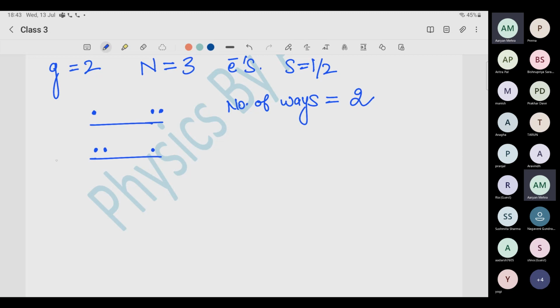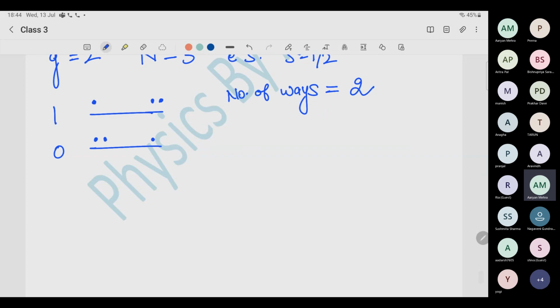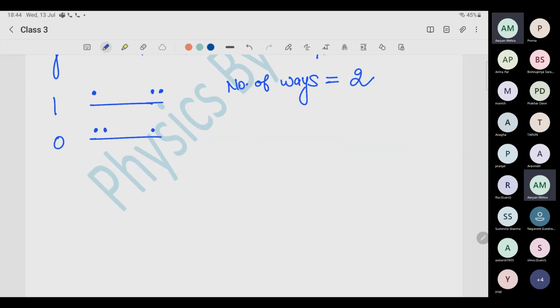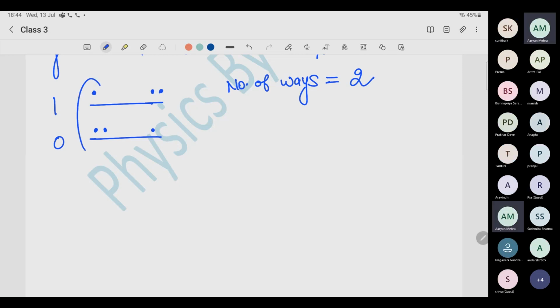If this energy is 0 and this is 1, which of these states is the ground state? Left one or right one? Left one. So this is the ground state, because if you calculate the total energy, it comes out to be 1, and in the other case you get 2.